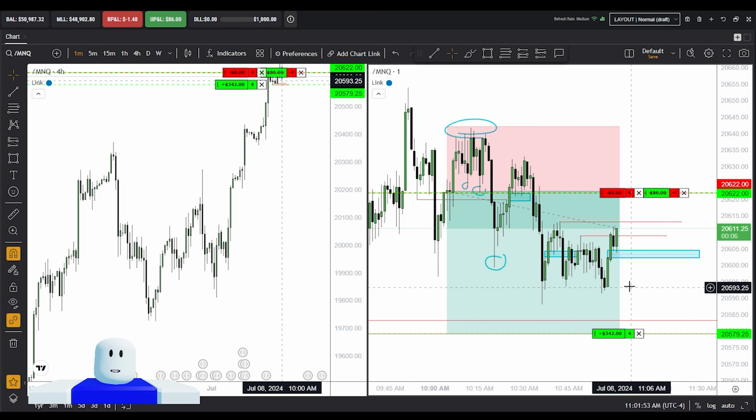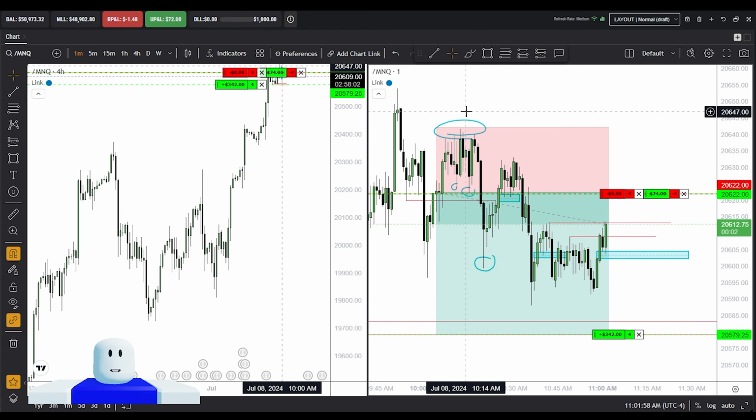This trade actually looks like a good long to the upside, taking out all this buy side liquidity.